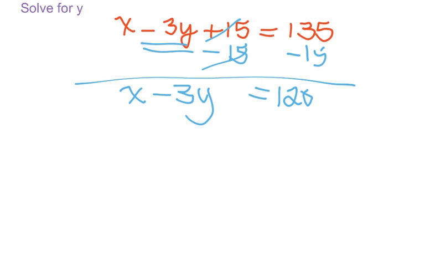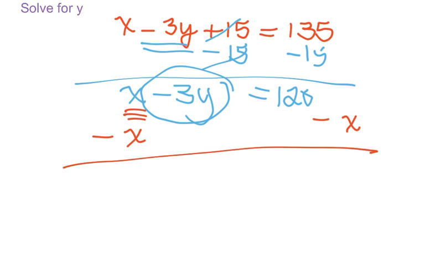Notice I need to solve for y. Well, right now, I need to move this x over. In order for me to move the x, I need to subtract x from both sides.